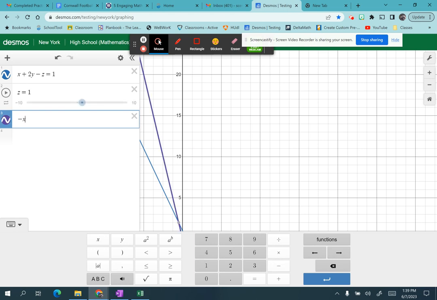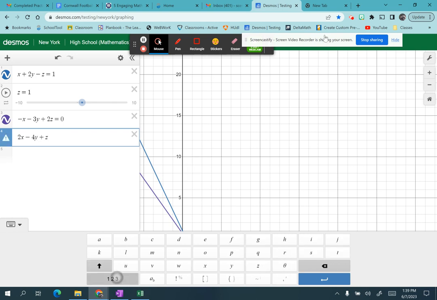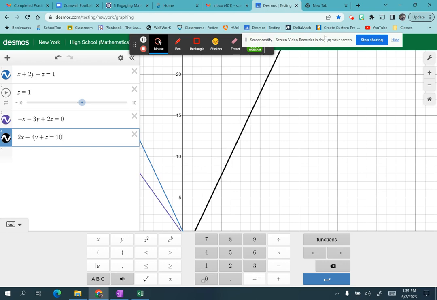Negative x minus 3y plus 2z equals 0. And we're going to have our last equation, 2x minus 4y plus z equals 10.